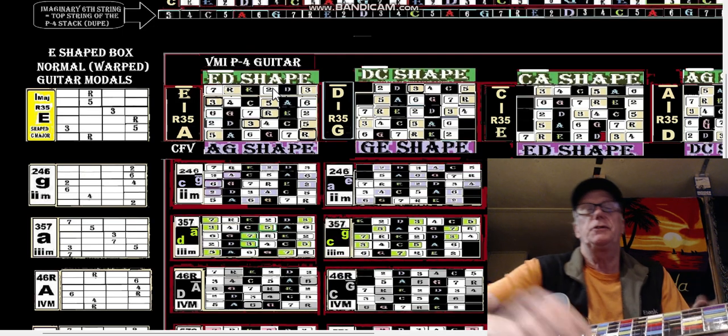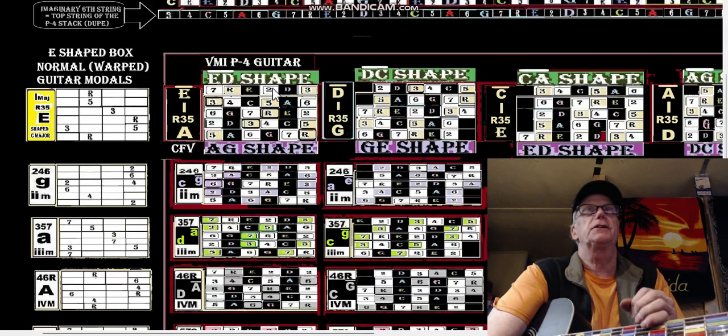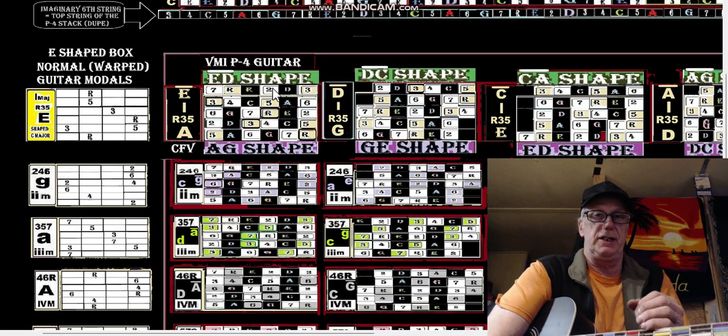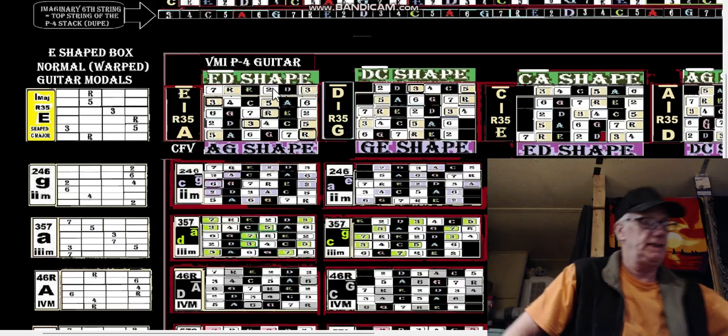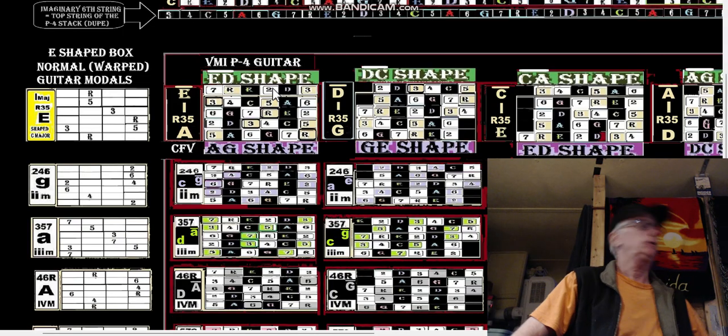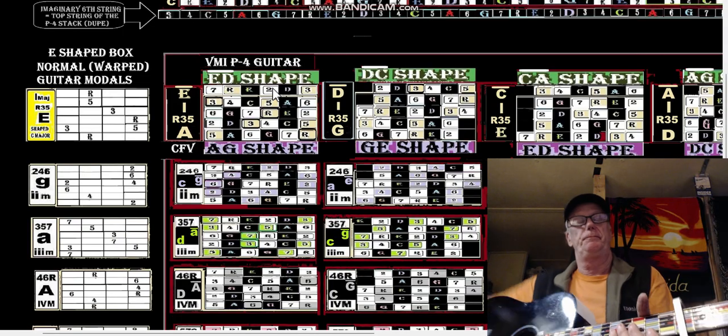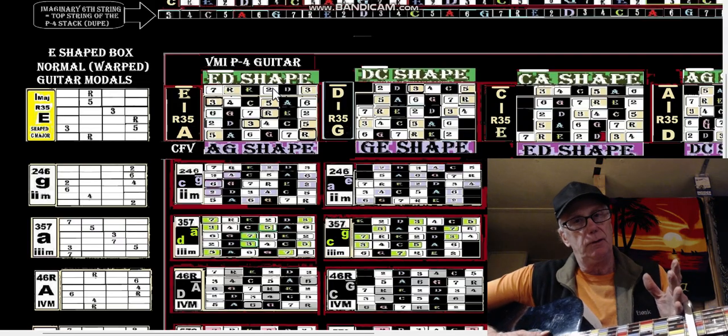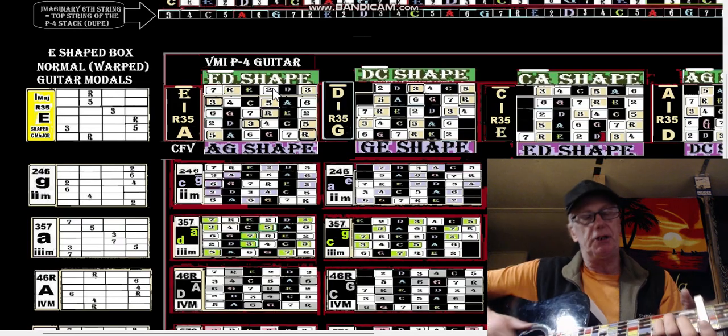Because when we talk about tripentatonics in the E shape, all right, in the E shape, let's look. Regular tuning. This is where your guitar tunes.